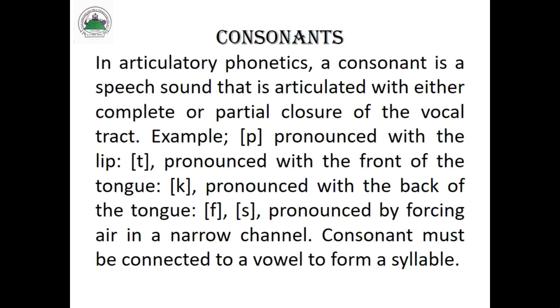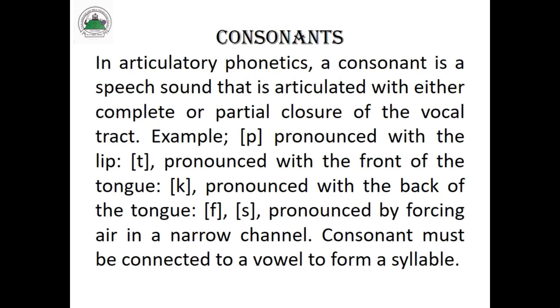Consonants. In articulatory phonetics, a consonant is a speech sound that is articulated with either complete or partial closure of the vocal tract. Example, we can see a P there in parentheses, which is pronounced as a consonant with the lip, and then we have T in the parentheses, also pronounced with the front of the tongue.